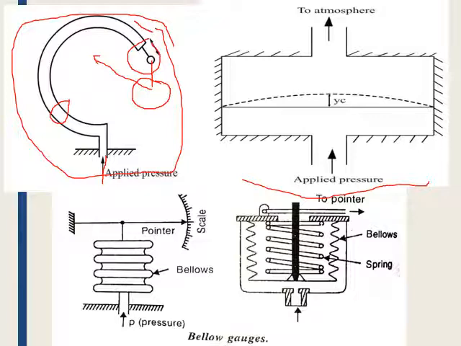When the pressure is removed, the bellows come back to their original shape or dimension, and the pointer will return to zero. This is how pressure is measured with the help of elastic members.